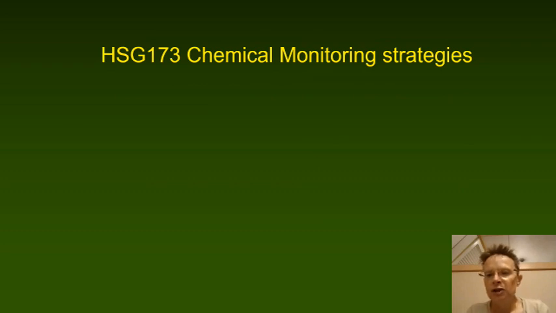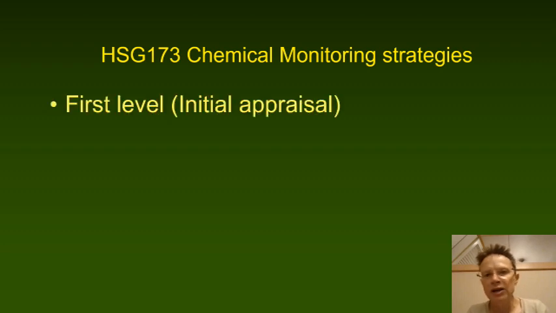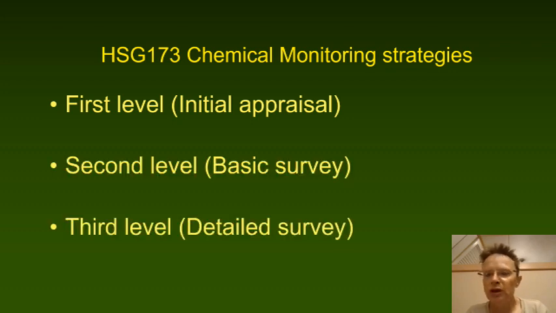There's a range of different measures and samples that an occupational hygienist can do. It's not just about chemicals, but just for information, HSG 173 is about chemical monitoring strategies. There are 3 strategies, and the reason I'm bringing it to your attention, if you've got chemicals, you as the health and safety person might do a first level initial appraisal. Have you got any chemicals? What are the classifications?